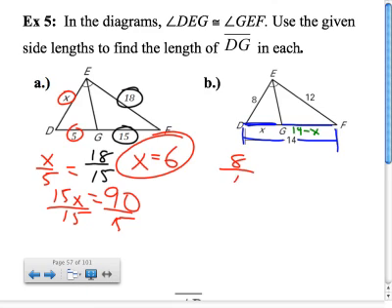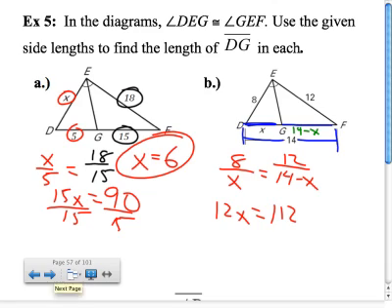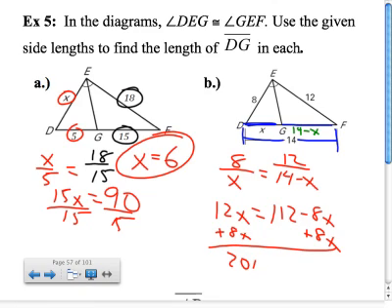I would personally do 8 over x equals 12 over 14 minus x. Cross multiply, make sure you distribute the 8. 8 times 14 is, let's see here, 80 and 32. So 112 minus 8x. Add your 8x to both sides. So you get 20x equals 112. Divide both sides by 20.